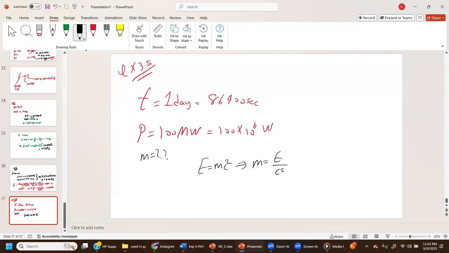Well, we have c, which is the speed of light. We do not have the energy. So we need to find the energy. And we know that the energy equals your power times your time.